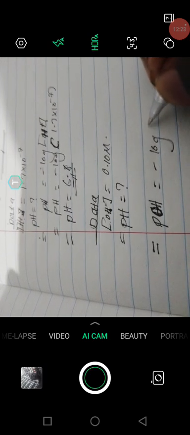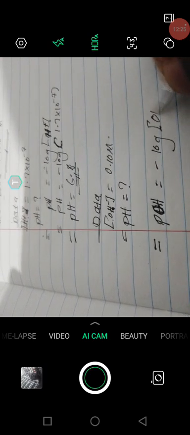So here's the formula: pOH is equal to, that's the same formula, but here instead of pH we are going to put pOH. pOH is equal to negative log, then the concentration of what? Hydroxide ion.